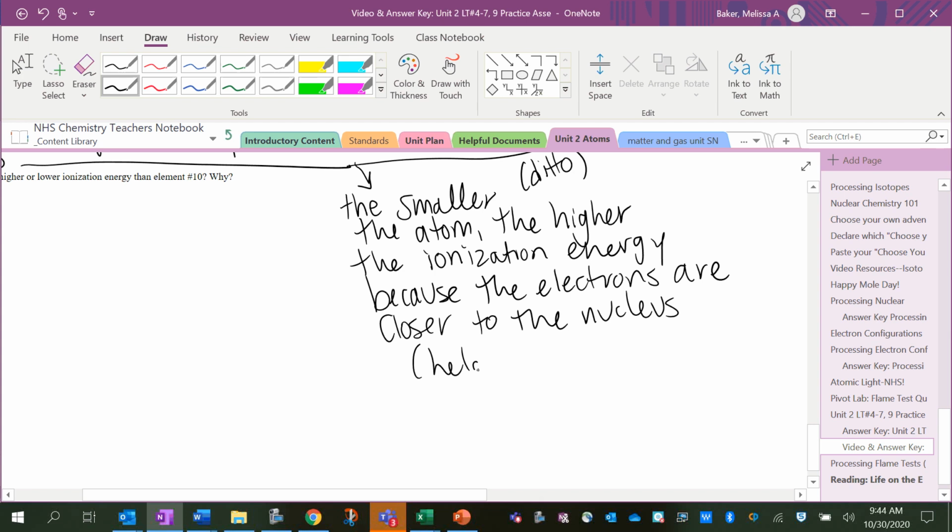And they're held closely by the protons. Those protons are attracting those electrons, so it's going to be hard to snatch one away.